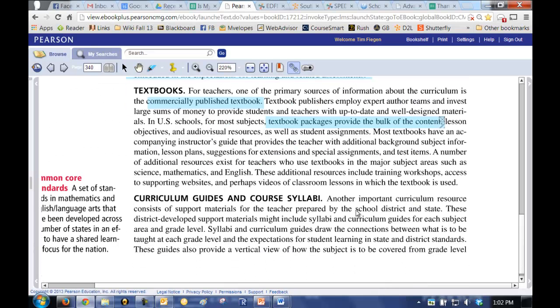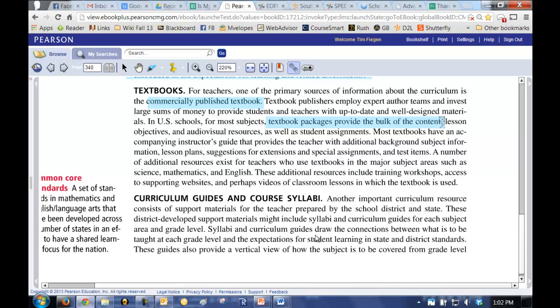Next, curriculum guides and course syllabi prepared by the school district and state. You start to see school districts taking this national curriculum and putting it together into guides and syllabi, meaning a path of how it's going to be taught, just like we have syllabi for these courses. Now syllabi are expected from middle school on up for the courses of what's going to be instructed.